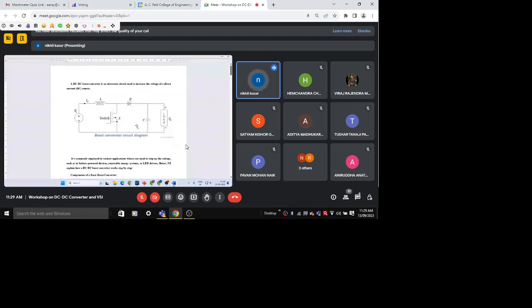Now the Word document file, is it visible to all of you on your screen? Is the document visible to all of you on your screen?